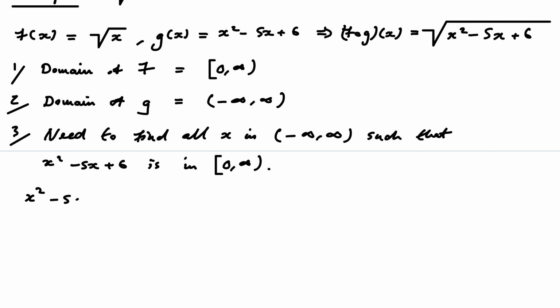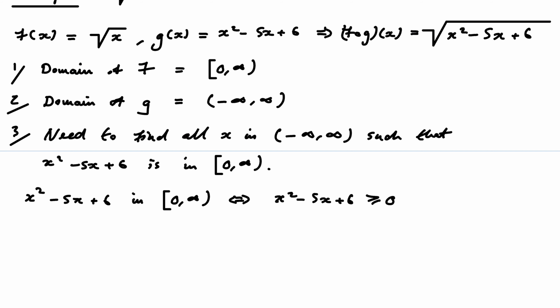But x squared minus 5x plus 6 is in this interval, well, it's obvious if and only if x squared minus 5x plus 6 is greater than or equal to 0. Okay?